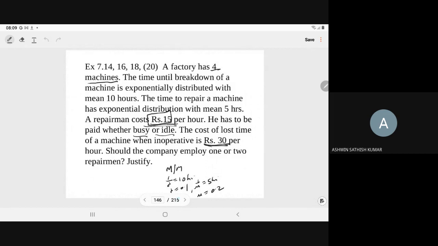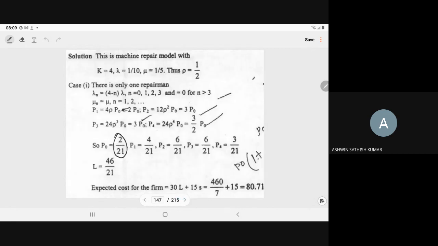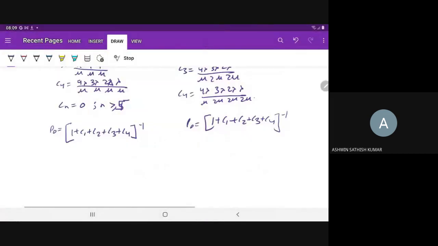The value of P naught will come 2 by 21. So here we computed it, it is 2 by 21.